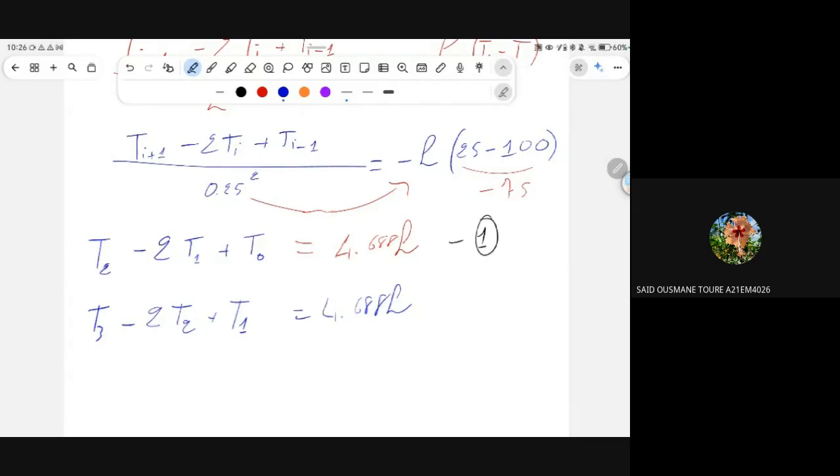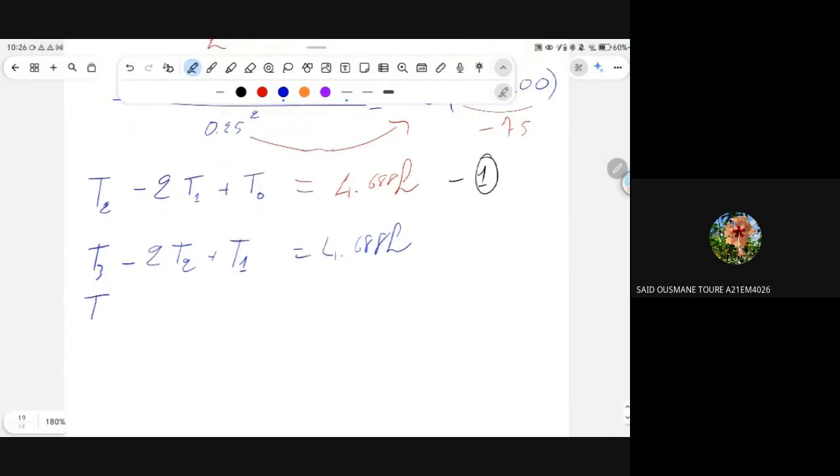All this is constant, and you will see the difference soon. So T4 now minus 2T3 plus T2 equals 4.688h. Does that make sense?